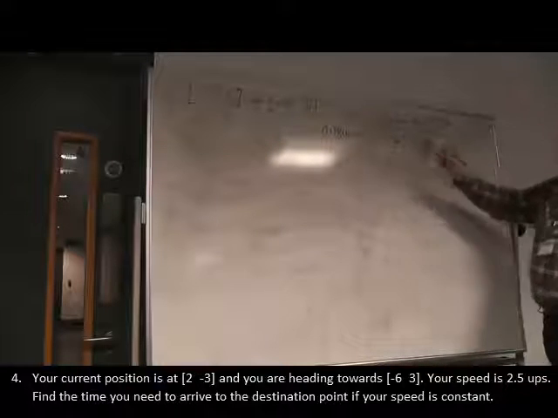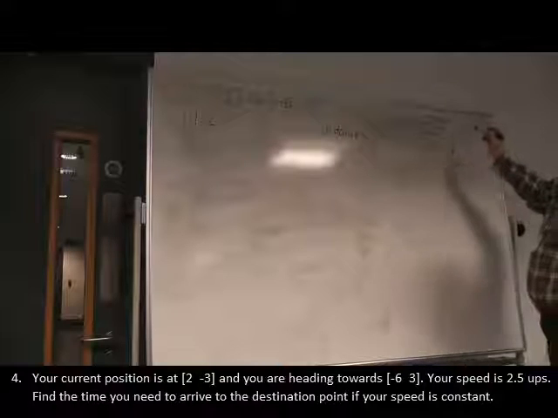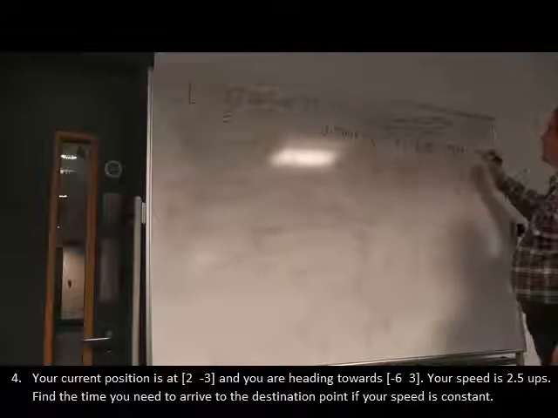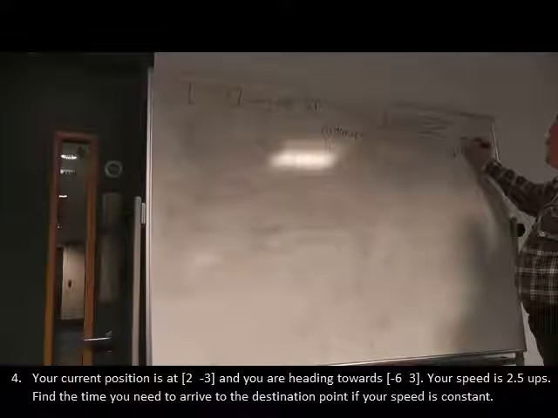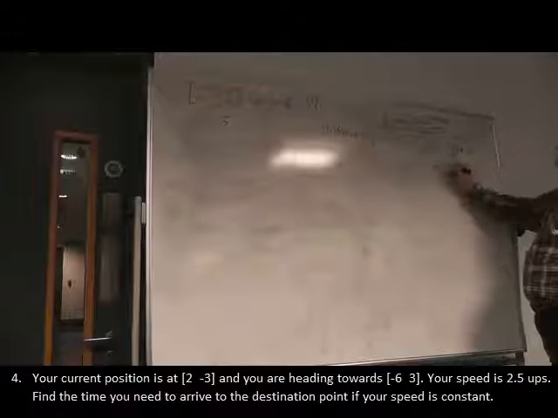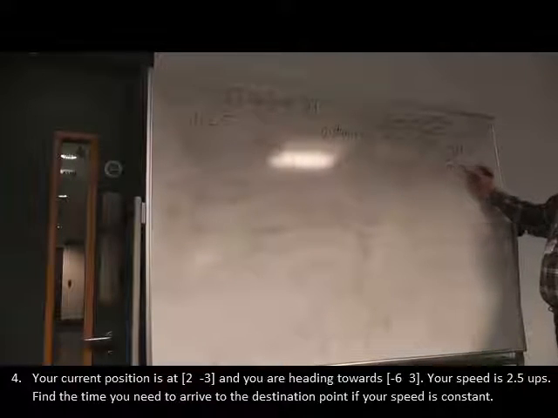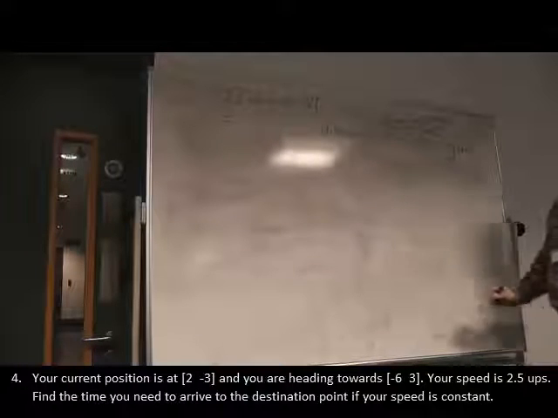So -6 minus 2, it's -8 squared. It's 64. And 3 plus 3, it's 6, squared is 36. So we have 64 plus 36, it's square root of 100, it's 10. So this is my distance.